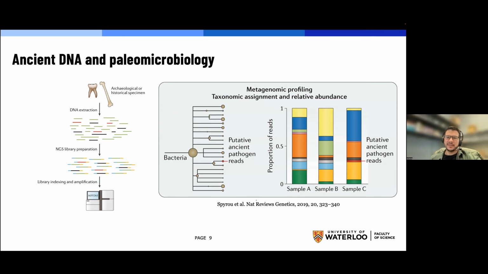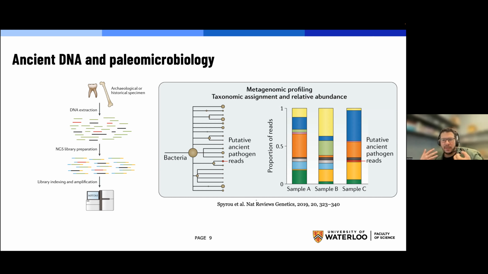But one of the exciting things is that this ancient DNA contains not only human-derived ancient DNA, from which you can do a lot of different analyses of these ancient specimens, but also a mixture of ancient microbial DNA that may have colonized that sample, or may have been present in the ancient specimen. And this can be analyzed through metagenomic type methods.